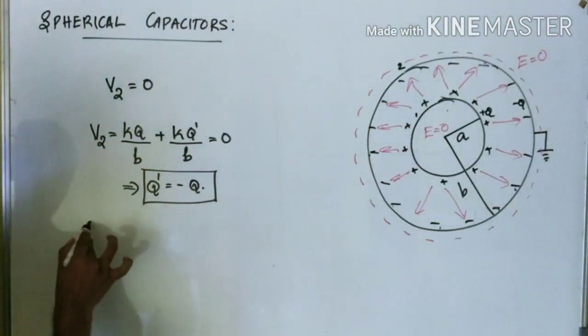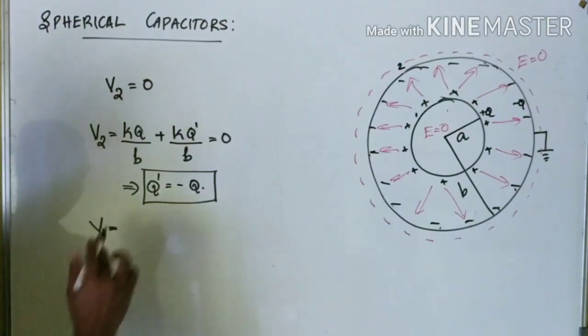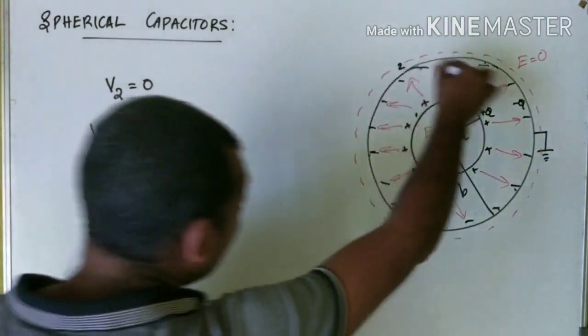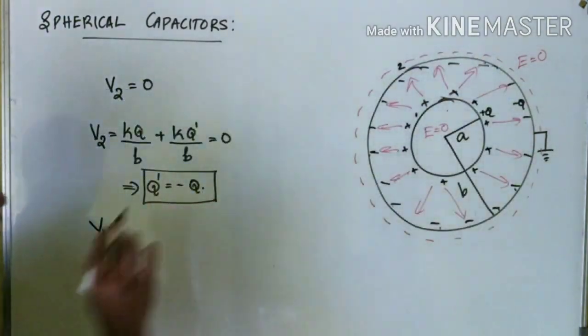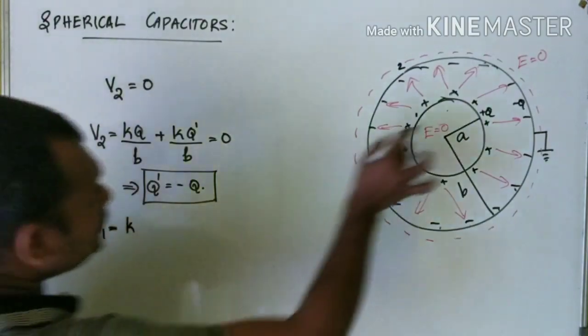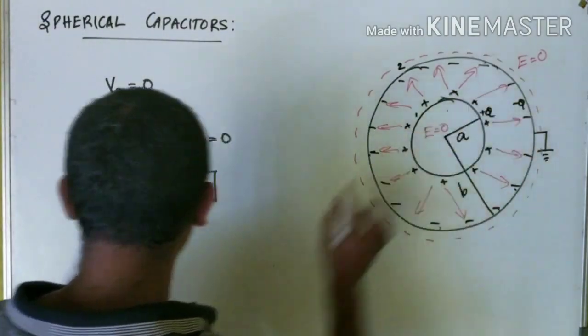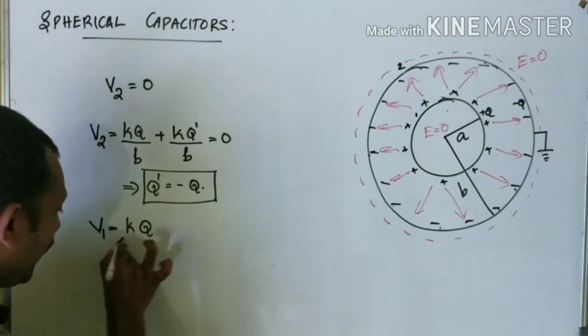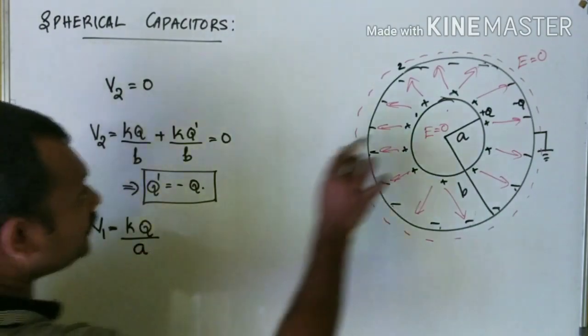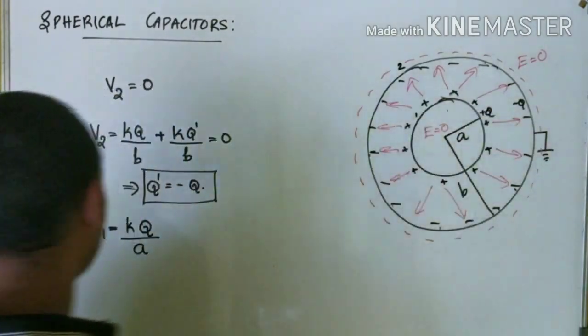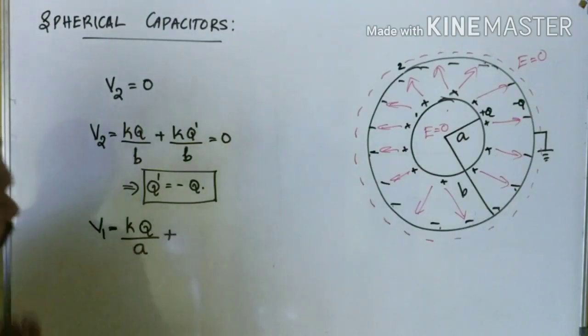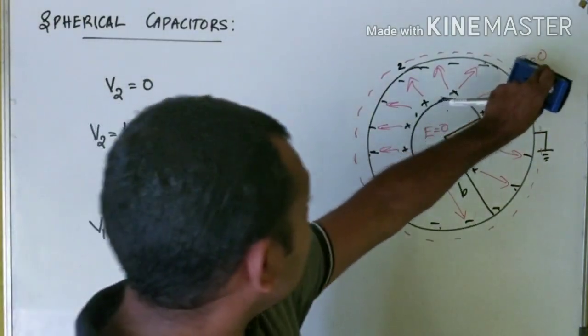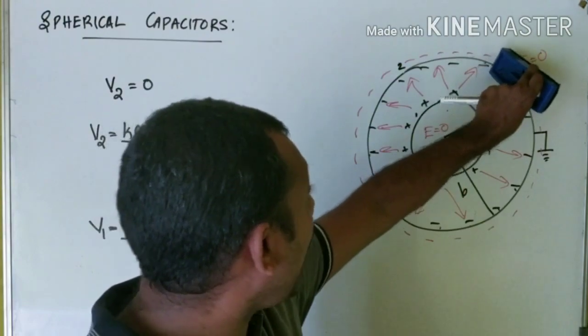Let us calculate the potential of sphere 1. Potential at the surface of sphere 1, say V1. Due to the presence of this Q, the potential at the surface will be KQ divided by the radius of that sphere, which is A, plus the potential at the surface of the inner sphere due to the charge on the outer sphere.